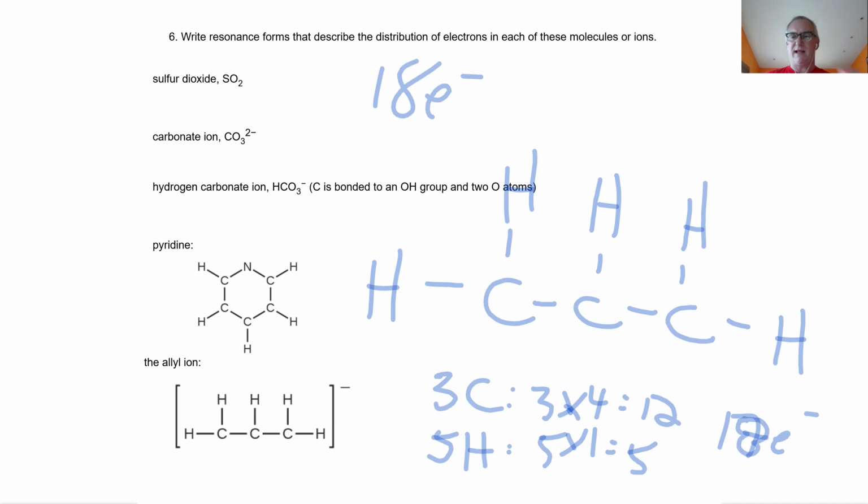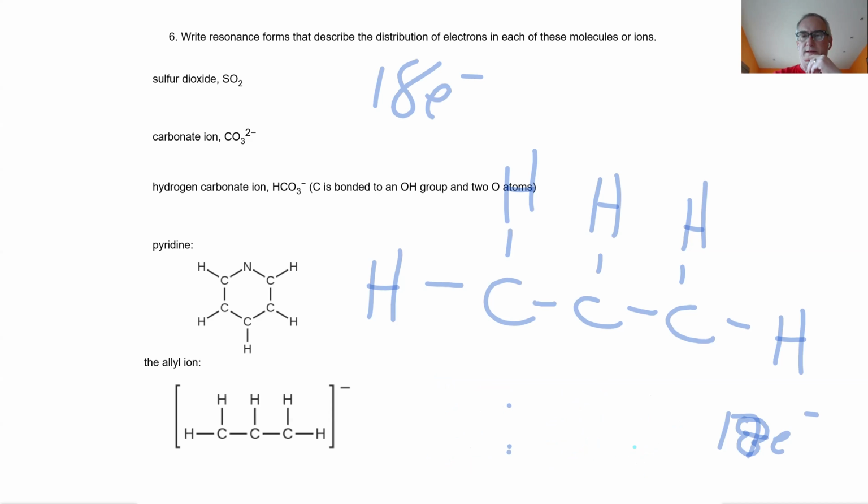So how many electrons do we have in bonds here? 14. Yeah, 14. Right. So the question becomes, we have 4 electrons left. So now you start to look for who needs electrons.